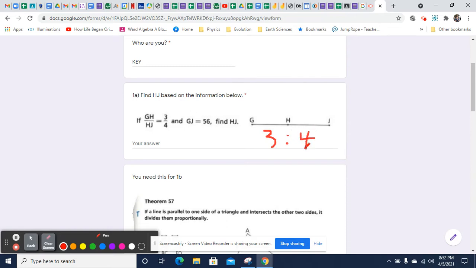Now, we don't know what either of these are, but we do know that this whole length here is 56, which is what's going to give us the key. Because if we put this proportion together, we actually know that this is 3 to 4 to 7 for the whole.